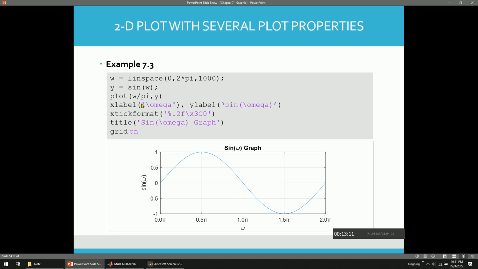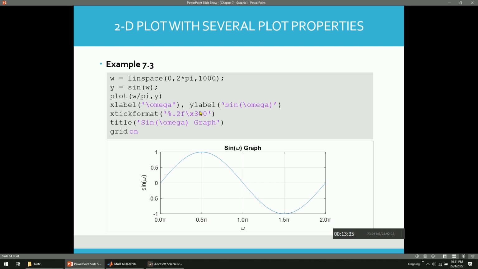Make sure you use the correct slash. Normal slash is near the shift, but backslash is for if you want to use the symbol. And you put omega here. Make sure you know the reference: omega and capital letter O, omega is different.